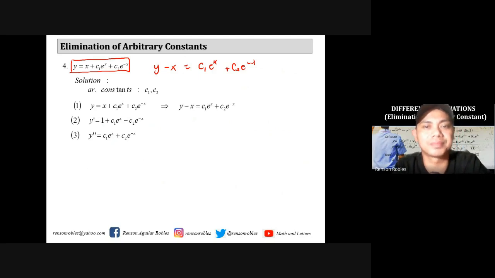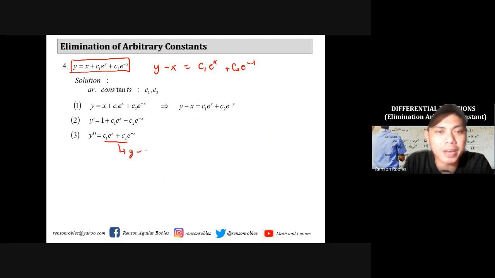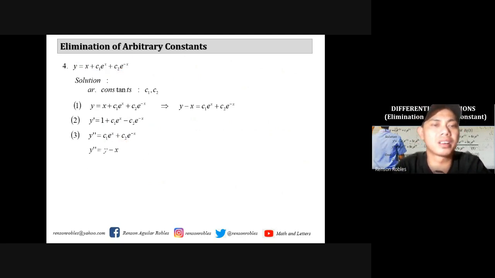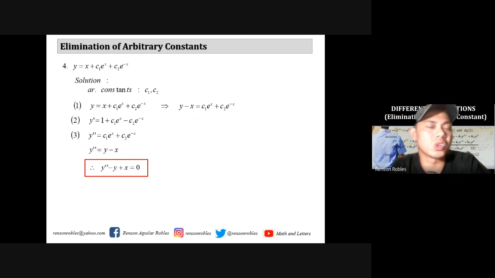Okay, so we can now replace this by y minus x, and eventually we can now have y double prime equals y minus x, and that's the differential equation in which this is one of the solutions. That's y double prime minus y plus x equals 0.